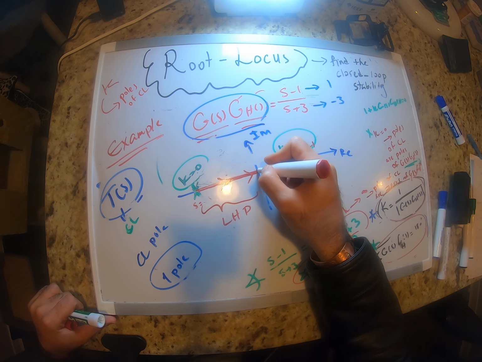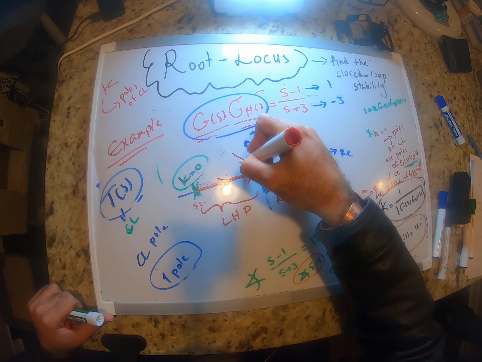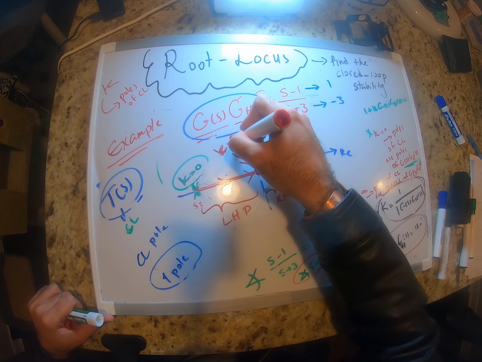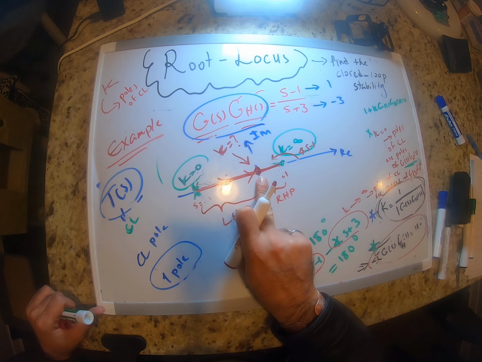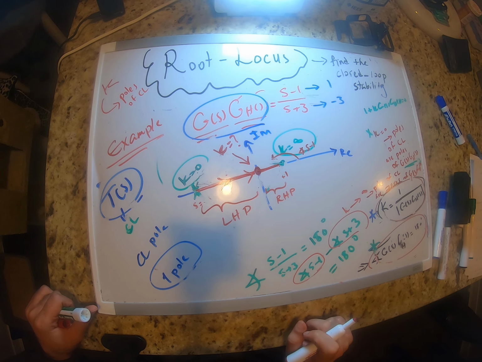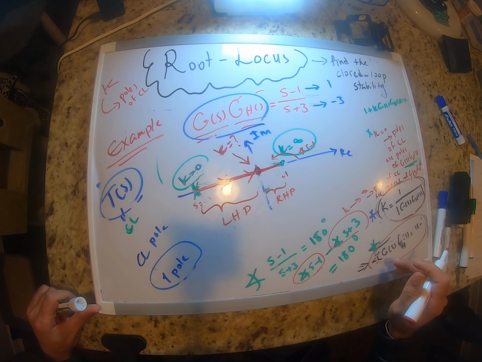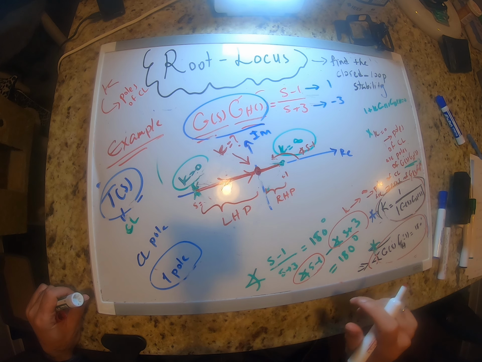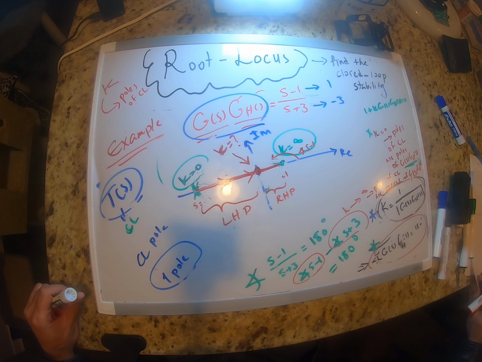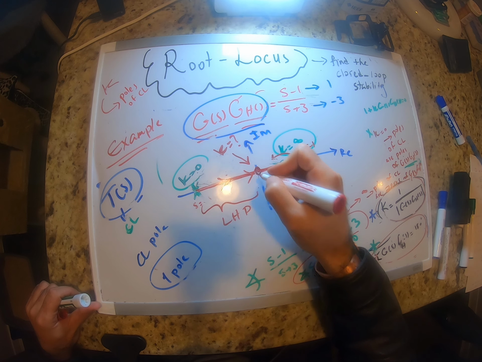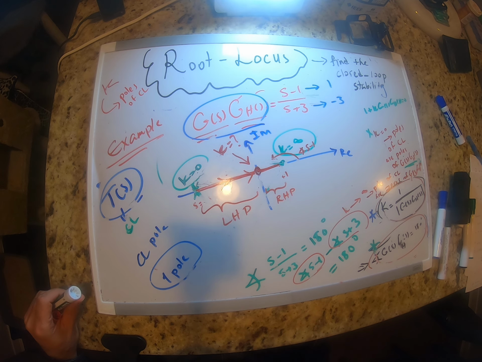So we want to know for what value of k the pole of the closed loop system is going to be on the right-hand side. What's the maximum k that we can have so that we are still in a stable system? So we basically want to find the value of k at which this happens, okay?